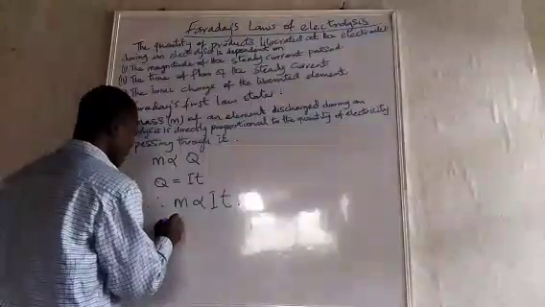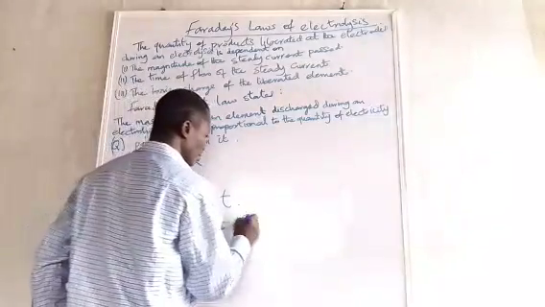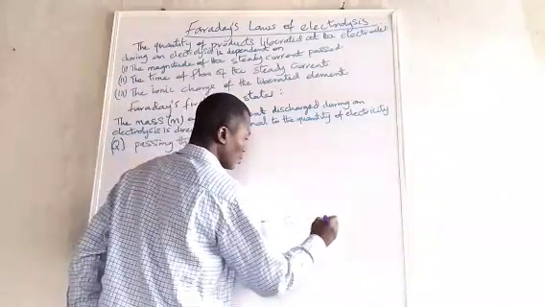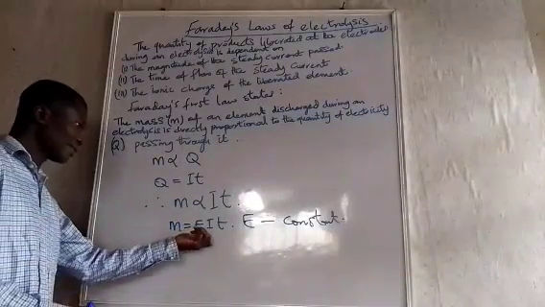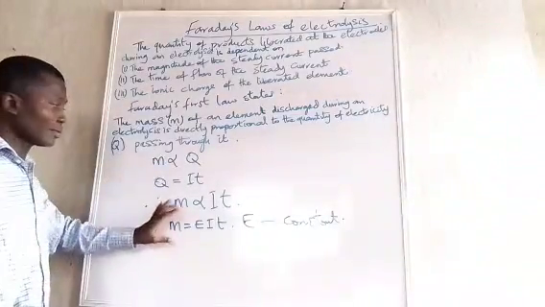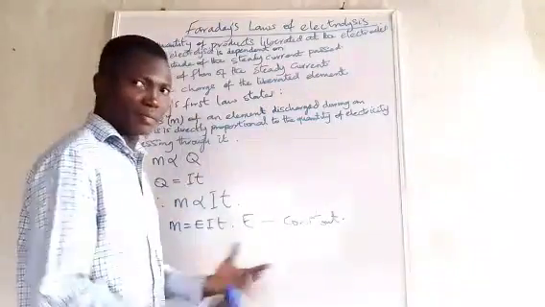Now let's make it like this: M is equal to EIT. Here E will be called a constant. As I was telling you before, we can easily talk about this when we are talking about the same element.